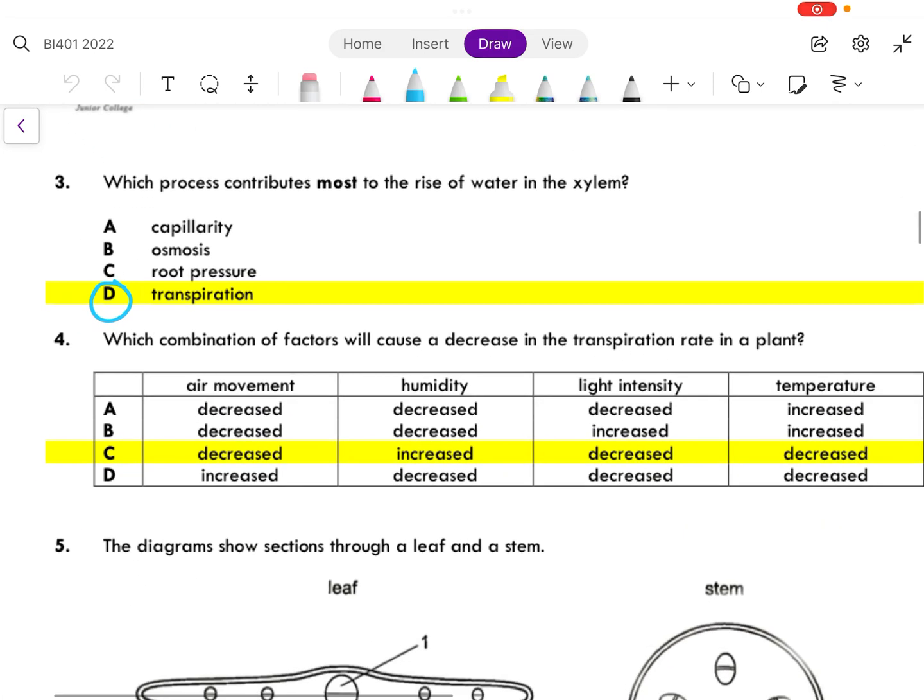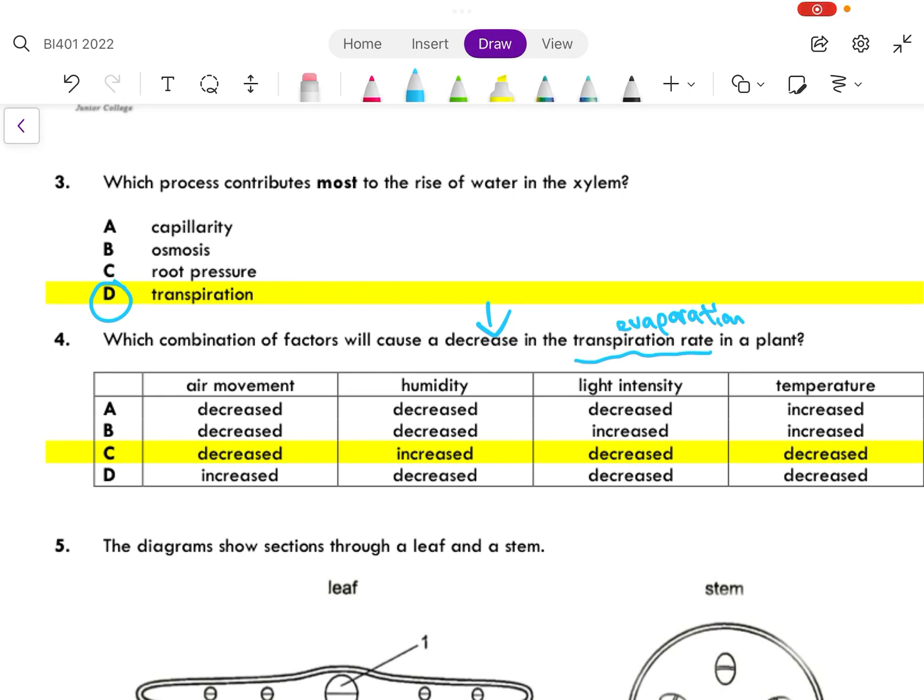Next, 4, which combination of factors will cause a decrease in transpiration rate in a plant? Transpiration rate is heavily tied to the idea of evaporation of water from the leaves. So anything that will increase evaporation rate will increase transpiration. Anything that decreases it will also decrease transpiration.